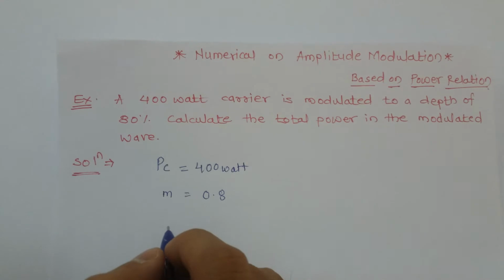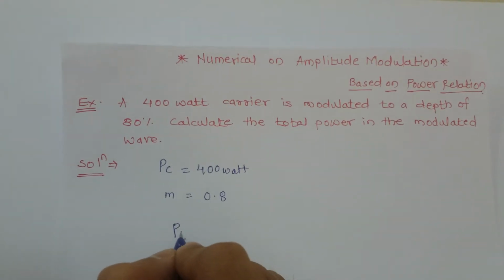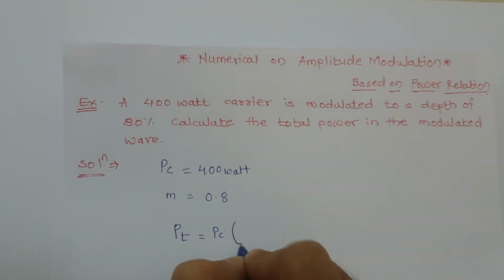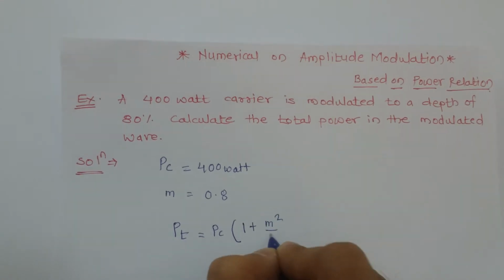So the total power of modulated wave is given as Pt is equal to Pc into bracket 1 plus m square by 2.